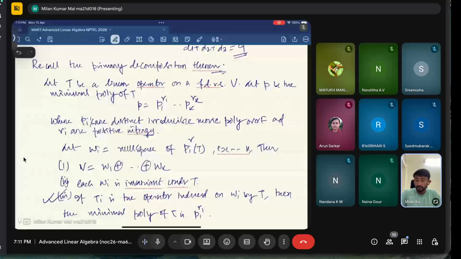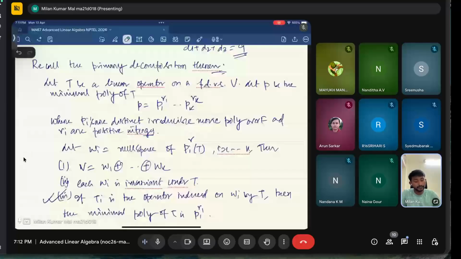Each Pi is actually a distinct irreducible monic polynomial over the field F, and the Ri are positive powers. And if I consider Wi to be the null space of the operator Pi to the power Ri, then V has to be equal to the direct sum of W1 to Wk. That means the Wi are independent of each other, and their sum is the vector space V.